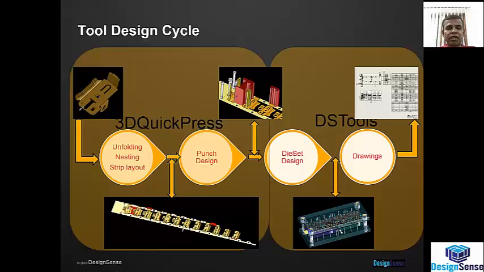For example, if the length of the die set becomes large, then the bending forces become very high. So at that point, you have to choose to split the die set into two. So these are choices that the die set designer makes to make sure that the die set can withstand the kind of forces, as well as stay within the accuracy that is expected. This is one type of complexity that a tool designer faces.